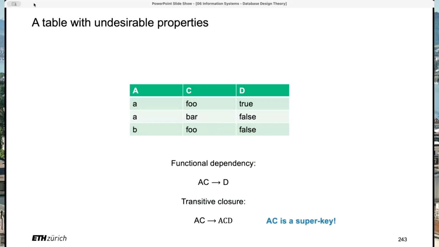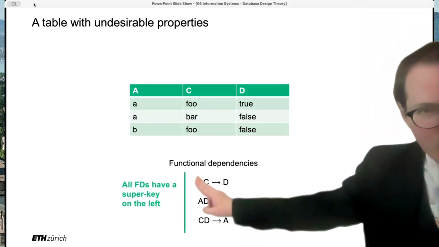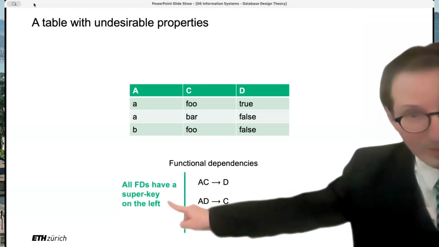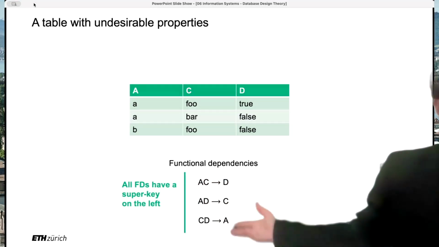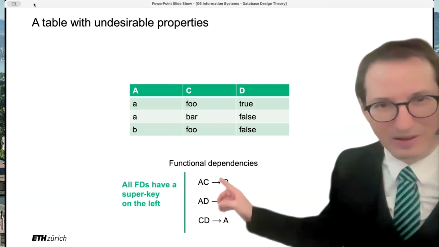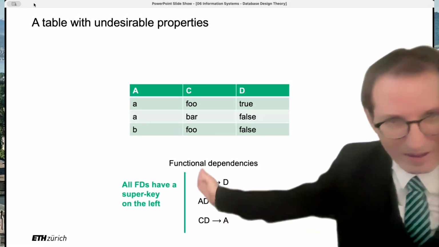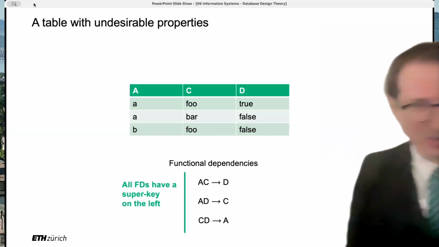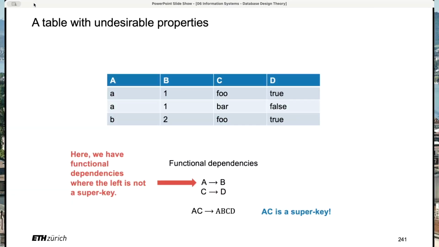So you agree AC is a super key here too. This is a case where all functional dependencies have a super key on the left. I don't have any functional dependency where the left is not a super key. Who agrees with that? This is very good. We actually like it when everything on the left of my functional dependencies is a super key.